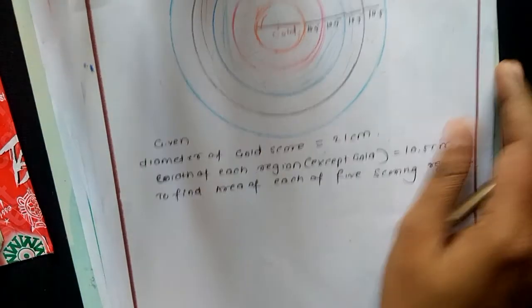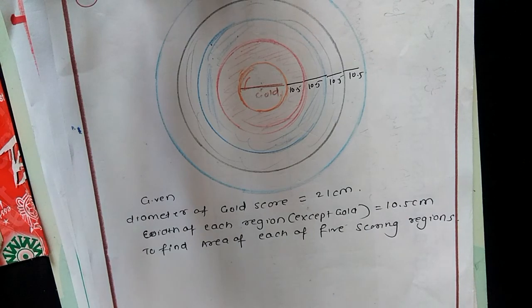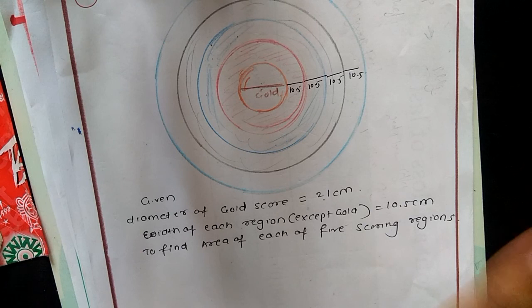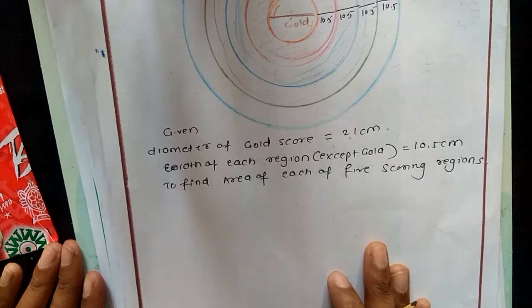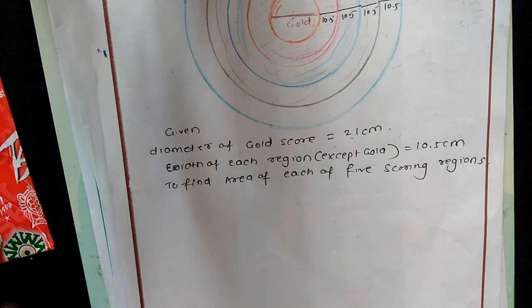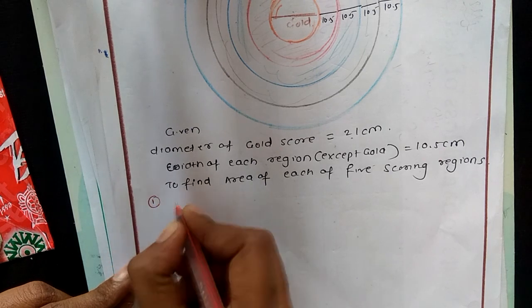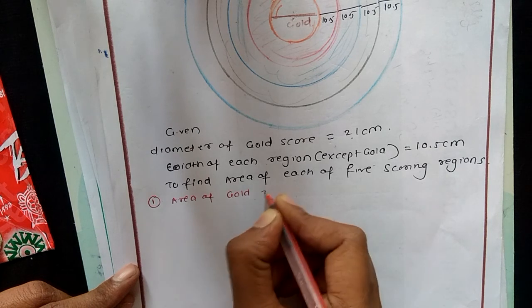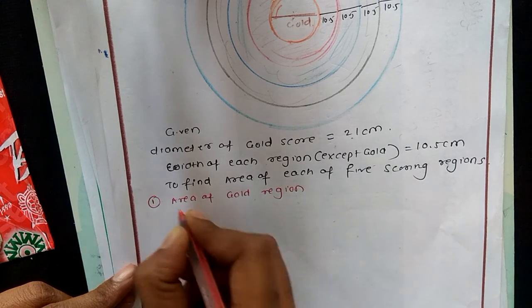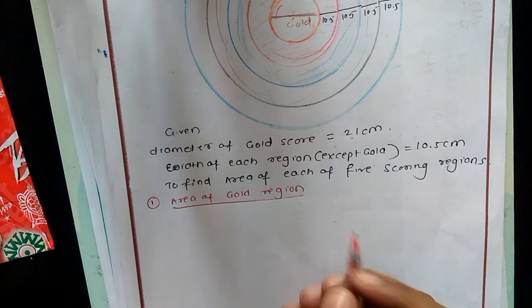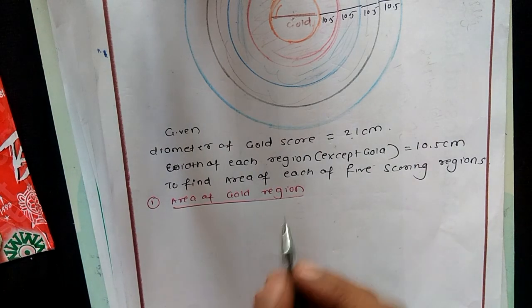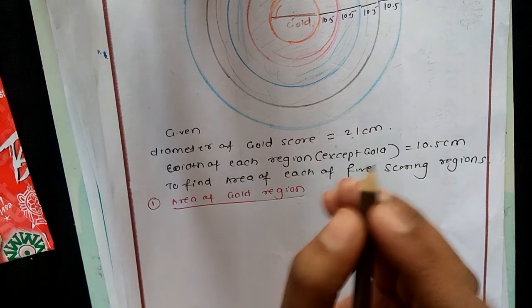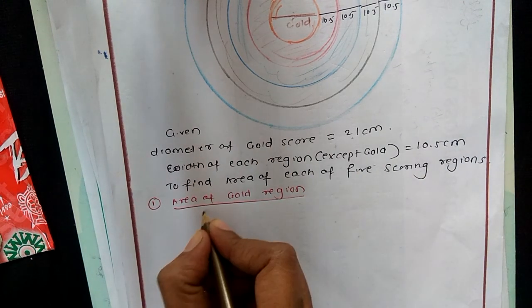First of all we will find the area of the gold region, and as you know all are in circular form, so you should know the formula for the area of a circle. To find the area, pi r square, because these are circles, we need to find the radius of the gold region. Whatever calculation I'm doing for the gold, I'll do in brown color.